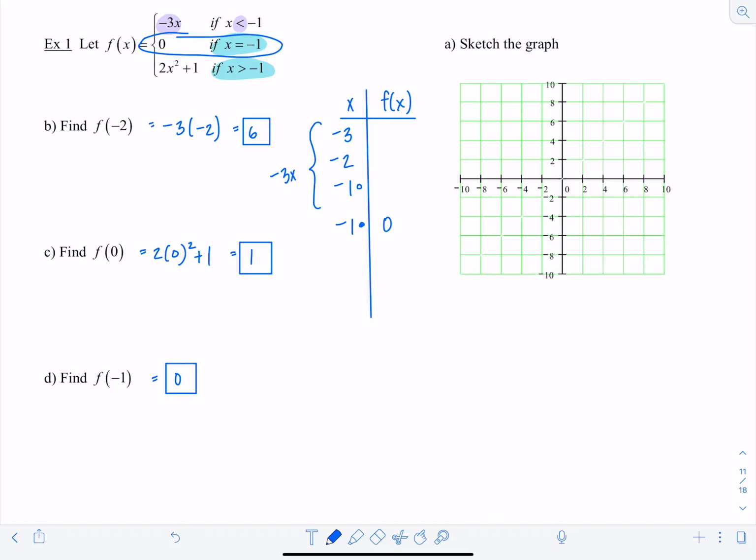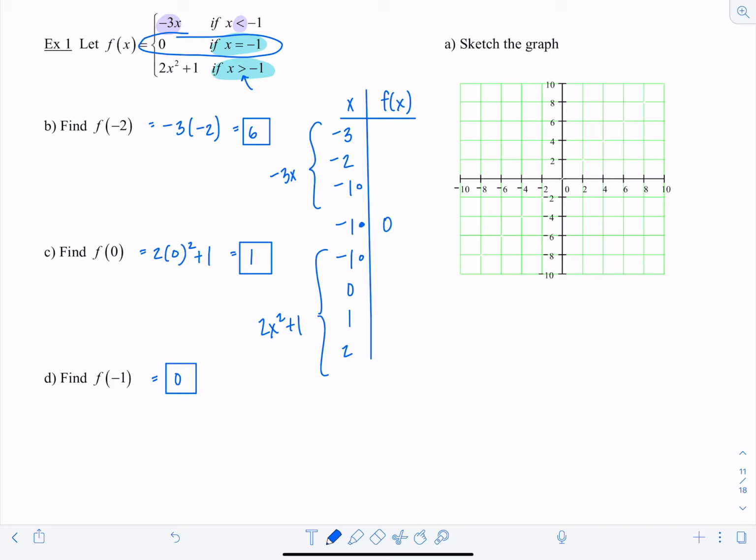And then I'm going to repeat -1 again, so we have -1, 0, 1, 2. All of these values are greater than -1, so these are going to get substituted into 2x squared plus 1. And then again here, since x is strictly greater than -1, it's going to be with an open circle. Okay, good.